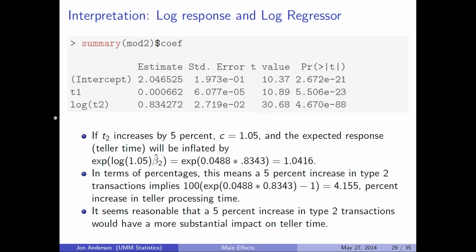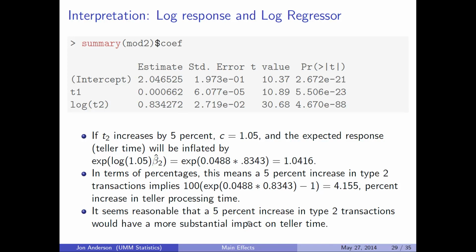For Model 2, when the Type 2 transactions are in the log scale, you could say, well, what if the number of Type 2 transactions would increase by 5%? That means that constant is a multiplier of 1.05, and that means the inflation term would be e to the log of 1.05 times beta hat 2, and beta hat 2 here is 0.83427, and so we get an inflation that is quite a bit bigger, 1.04.